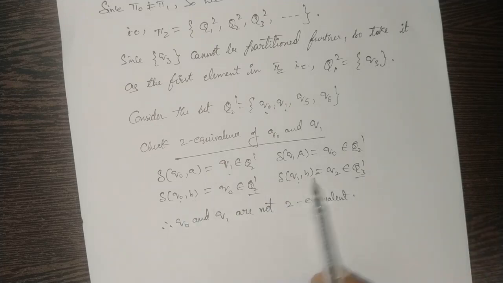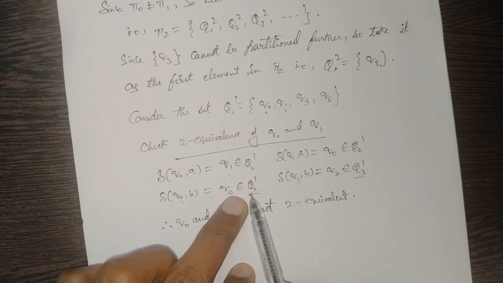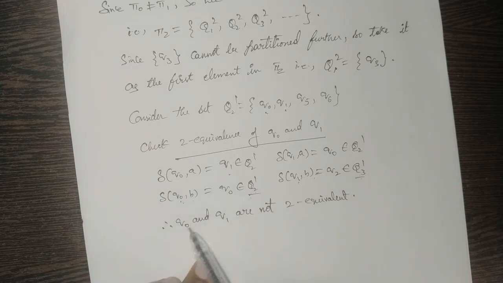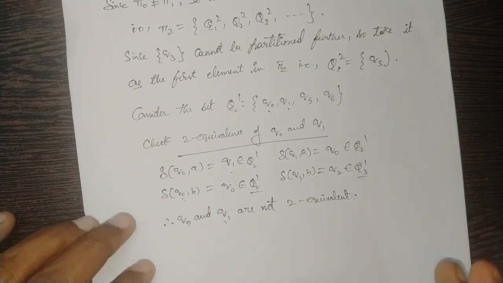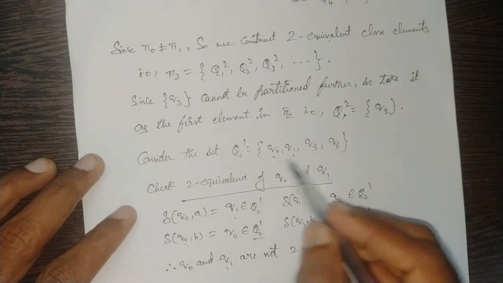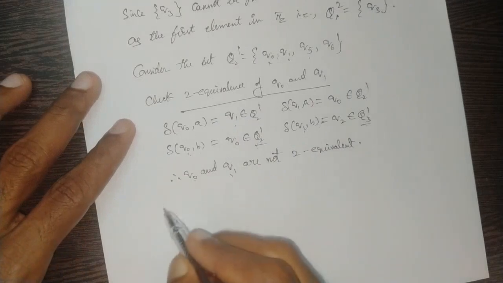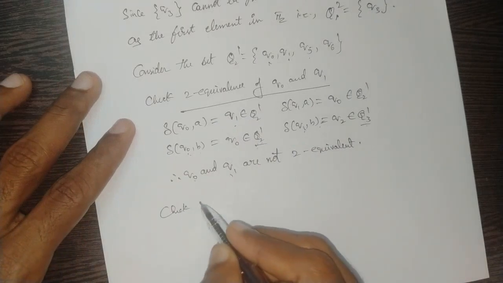So let B, Q1, Q0 does not belong to the same set. So therefore Q0 and Q1 are not equivalent. So thereafter check the equivalence between Q0 and Q5.